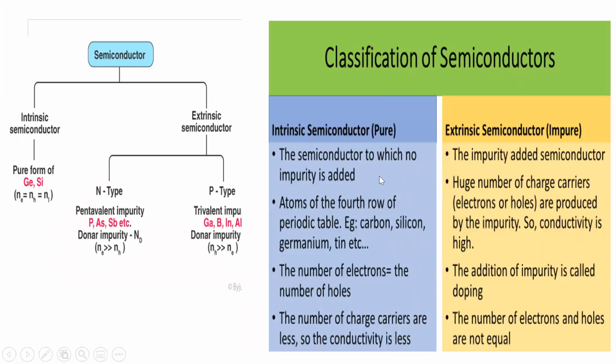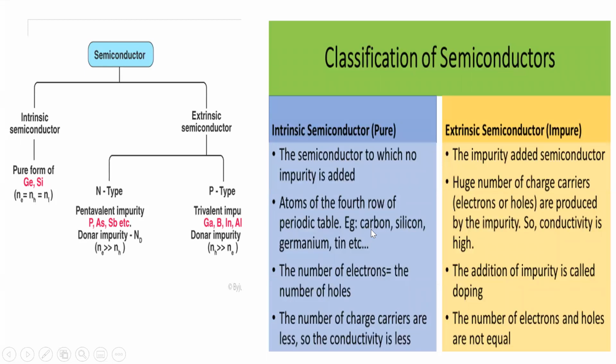The semiconductor to which no impurity is added is called an intrinsic semiconductor or a pure semiconductor. Atoms of the fourth row of periodic table, carbon, silicon, germanium, tin, etc. are examples of intrinsic semiconductor.